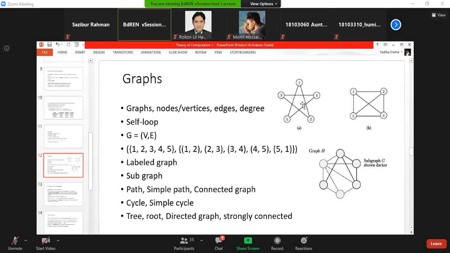So the thing is, the starting and end node of a particular edge should be the same. Why am I saying this? If I just say there is a self loop if the start and end node are the same, it becomes an ambiguous definition.